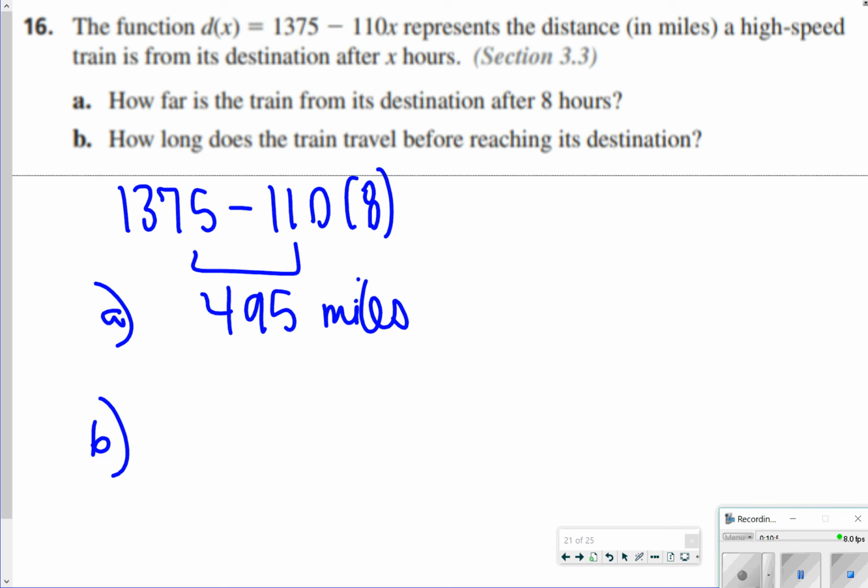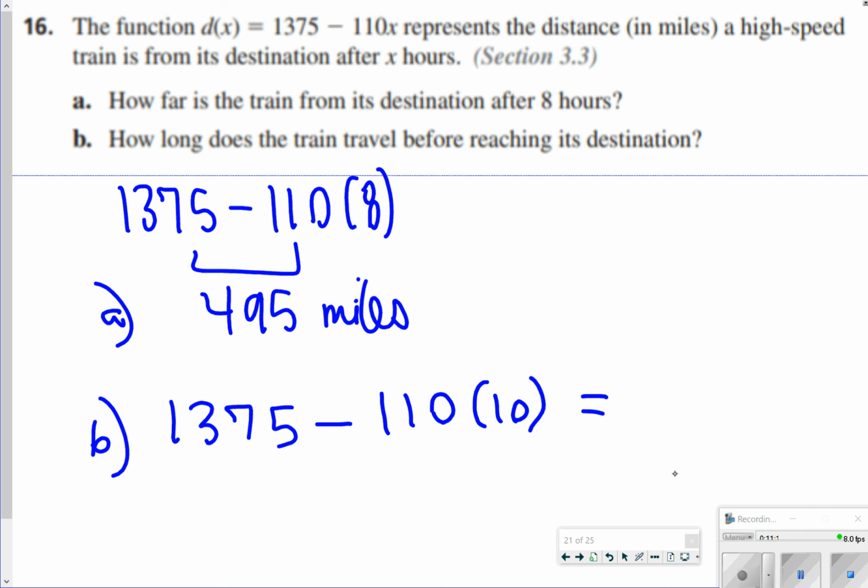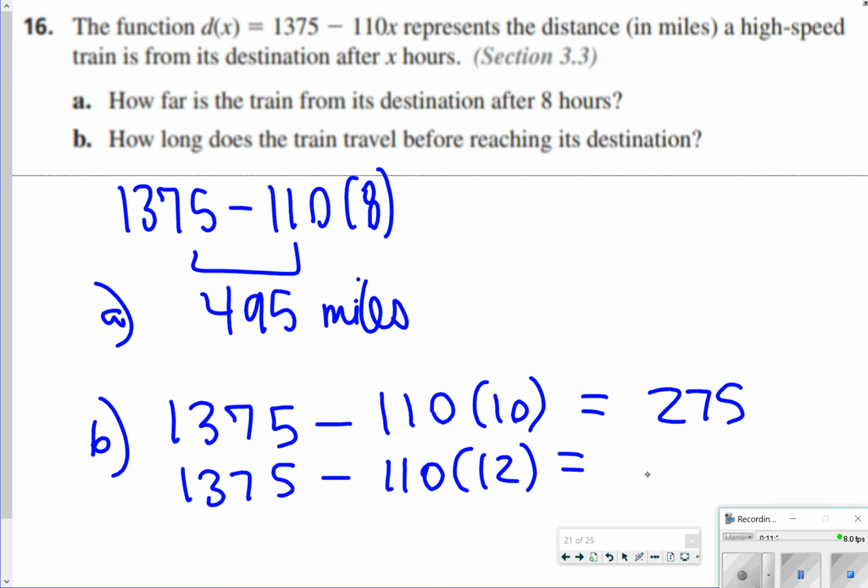The next part, though, it says, how long does a train travel before reaching its destination? And what you're essentially looking at is the 1,375 is going to be your total mileage. So what I essentially did is I know that 8 would be 495, so I just started going up by 10s. So I tried 10 to see what I got there, and I got 275, so then I tried again with maybe 12, and I got 55.